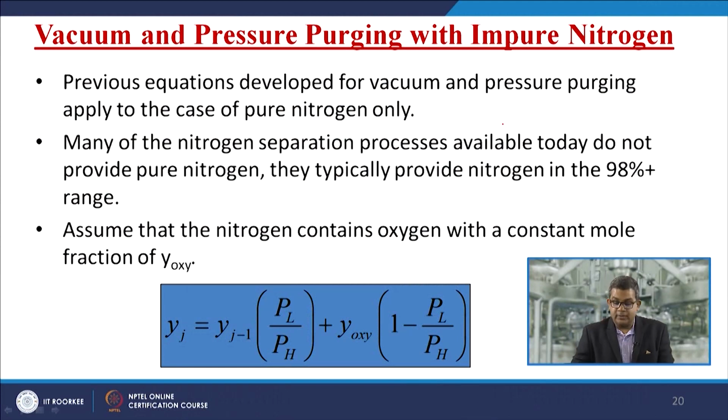So, assume that the nitrogen contains oxygen with a constant mole fraction of y0. Then yj equals yj minus 1 times PL upon PH plus y0 times 1 minus PL upon PH. So this gives you the mole concentration of oxygen in due course of time.